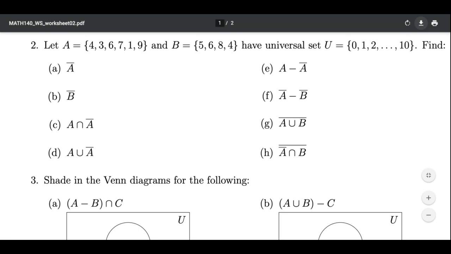So B, A intersect its complement. Think about it, what's a complement? The complement of A are the elements in U, in the universal set, and not in A. So A intersect its complement always.